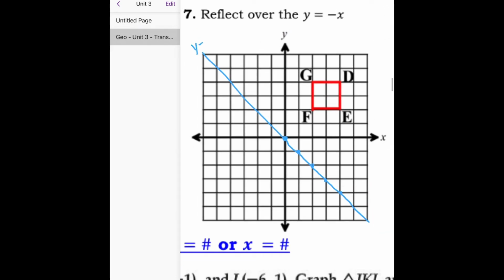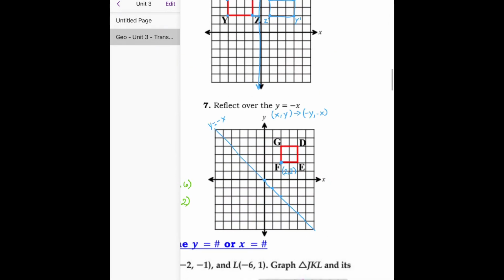That's y equals -x. So to reflect across y equals -x, I'm going to take each of my points (x, y) and change them into (-y, -x). So let's pick a point. I picked this one. That point is at 2, 2.